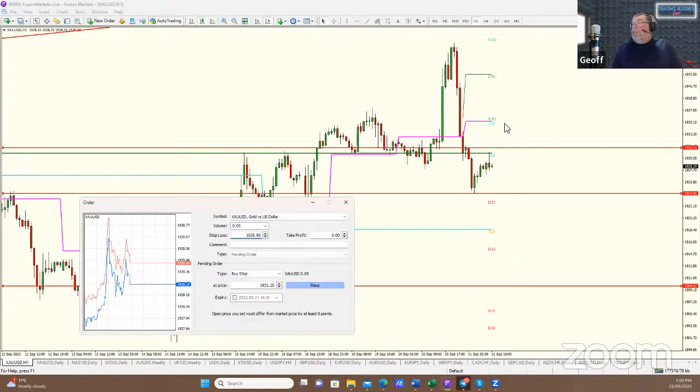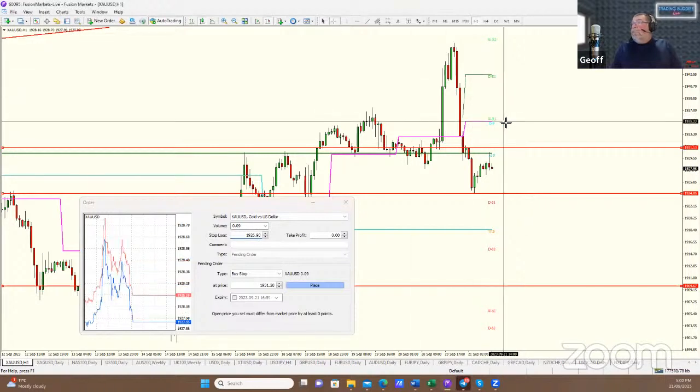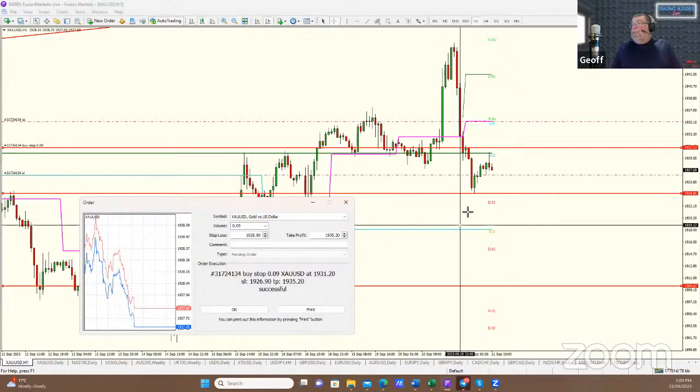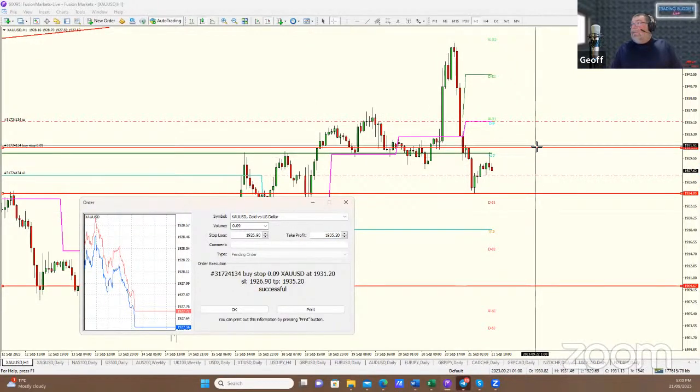And the take profit will be, as I said, the daily pivot, which is at 1935.2. So $4 for a, well, it's not that bad. Okay, so the long is in the market.